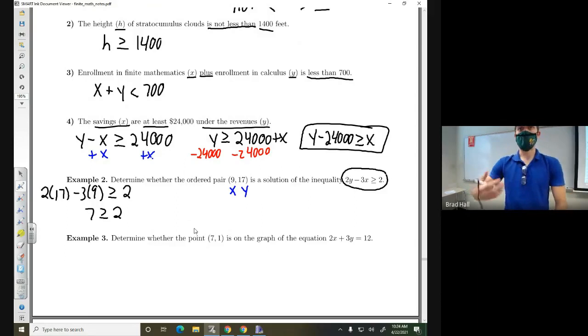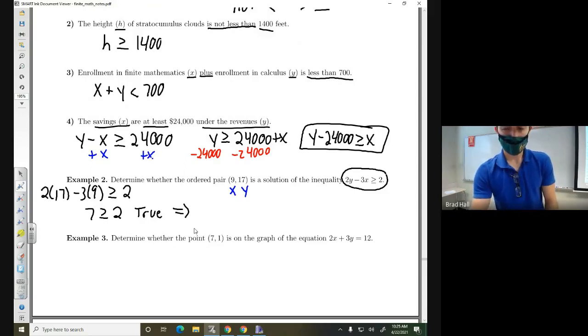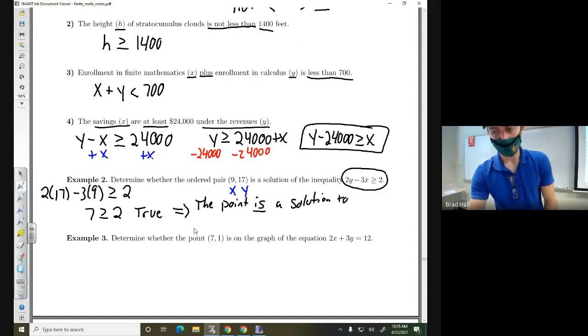So is 7 greater than or equal to 2? Of course it is. We get a true statement. And since we get a true statement, this implies that the point is a solution to the inequality.